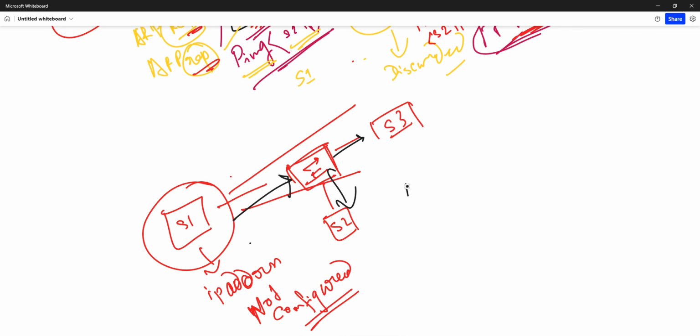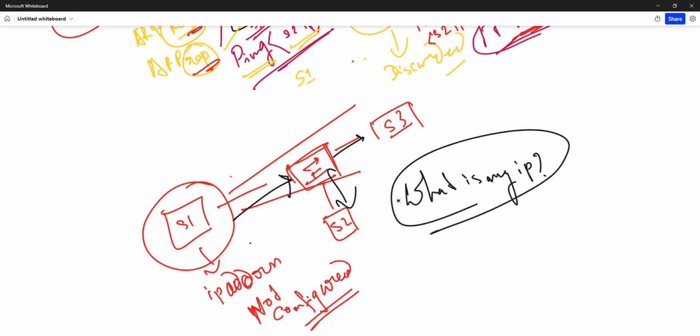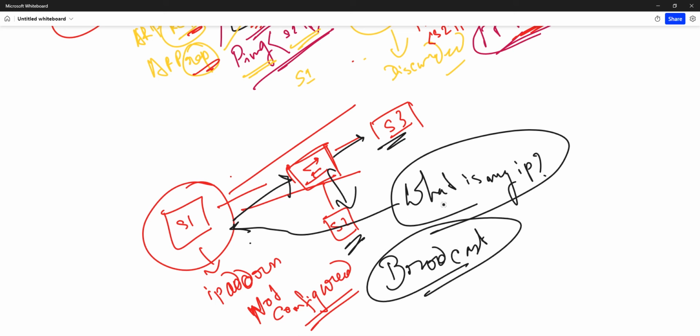The information is shared to the switch, so it broadcasts in both directions, asking what is my IP. S1 wants to know this, so from the switch the information is shared to both S3 as well as S2. That's called gratuitous ARP. This is completely a broadcast. So what is gratuitous ARP?